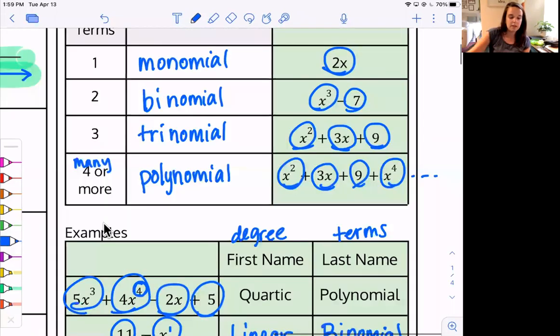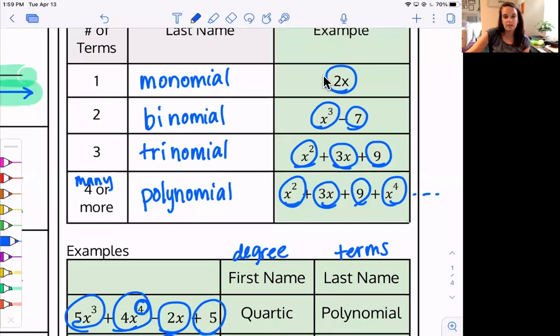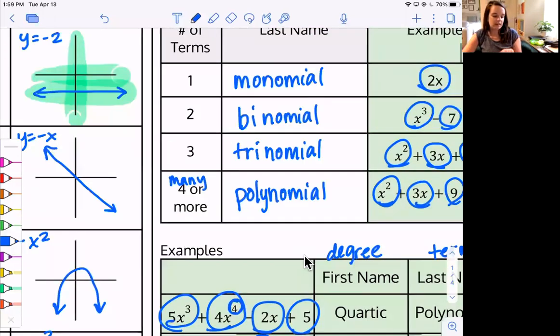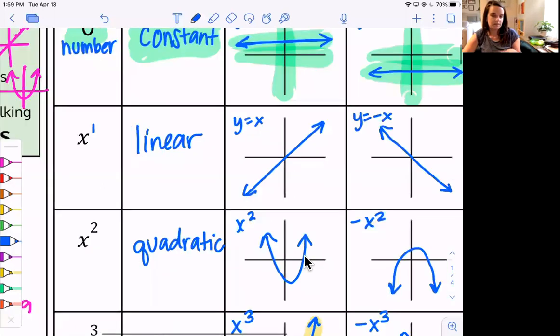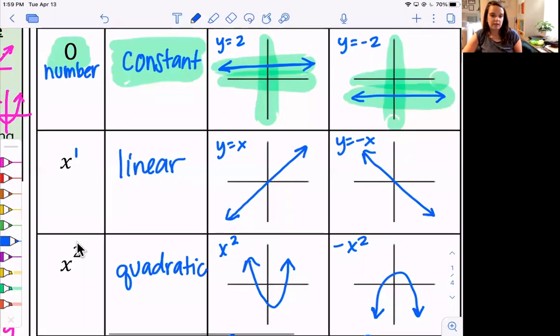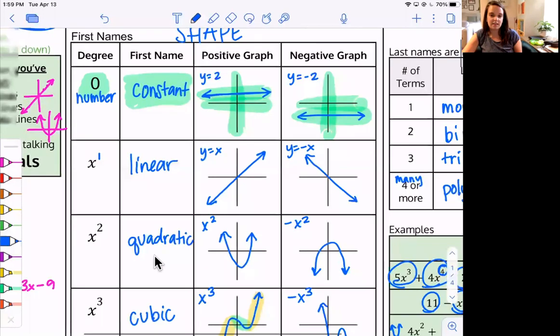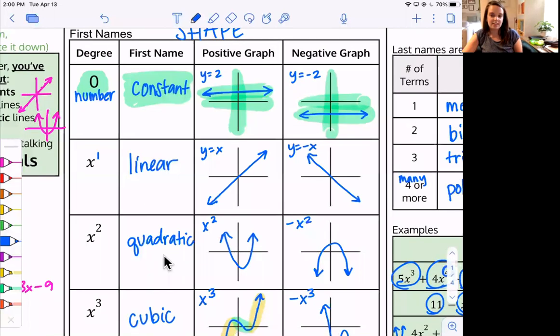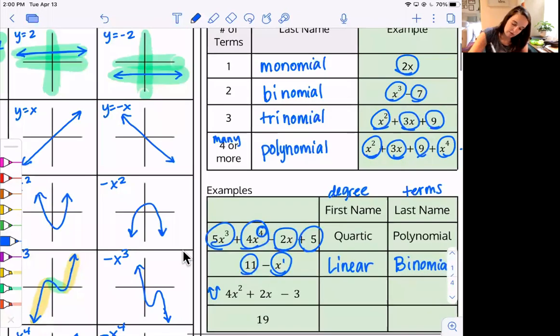Mono is from up here when we have one piece, right? When we have one piece. But when we have x squared, what's the word that goes with it? Yeah, Gracia. X squared goes with quadratic. X squared goes with quadratic. So over here, I'm going to have quadratic.